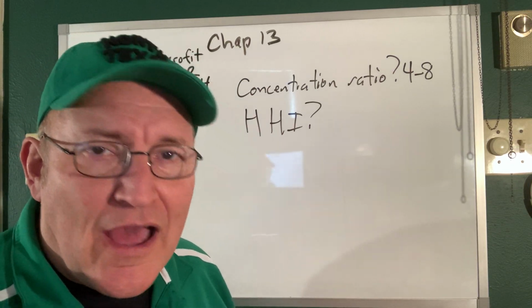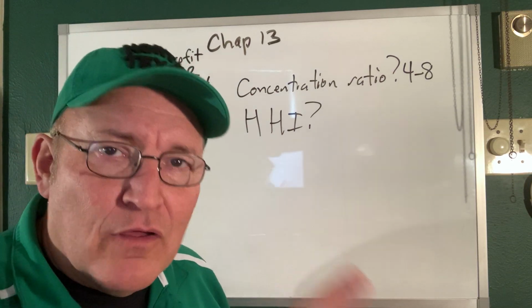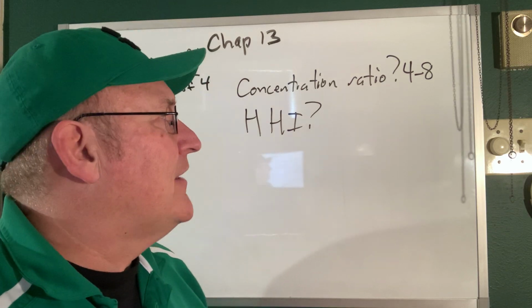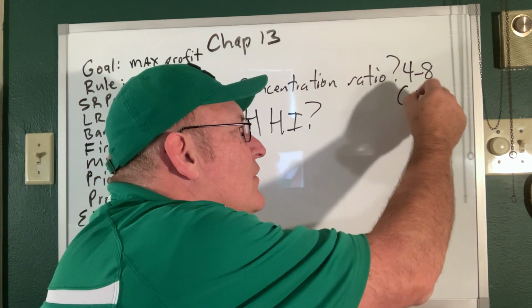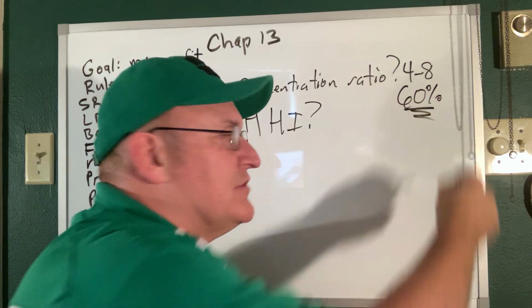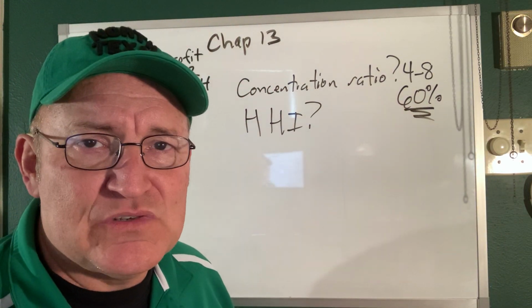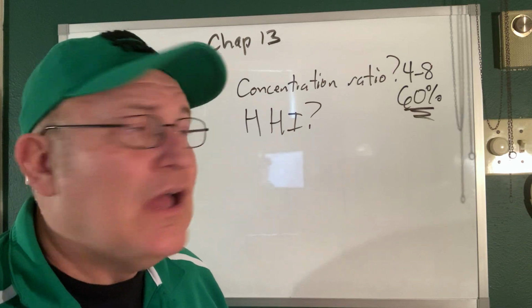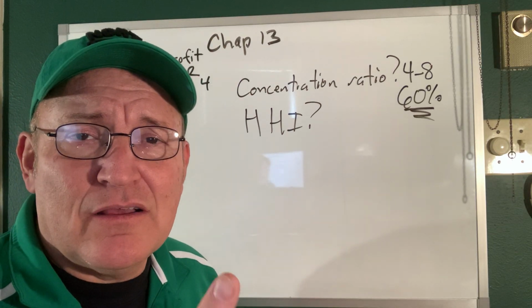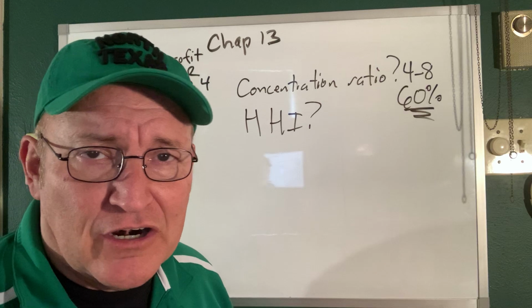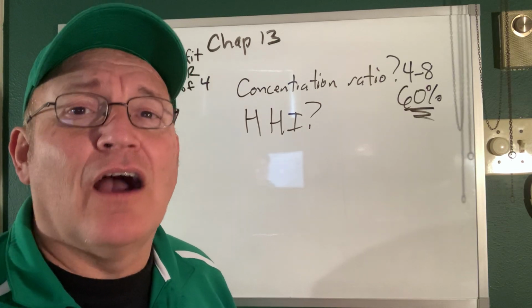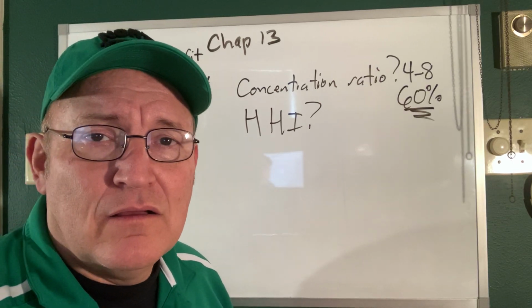And you look at the market share of those 4 firms. And the threshold is somewhere in the neighborhood of about 60%. So if the top 4 firms in a market control 60% or more of the market share, that is said to be a concentrated market.